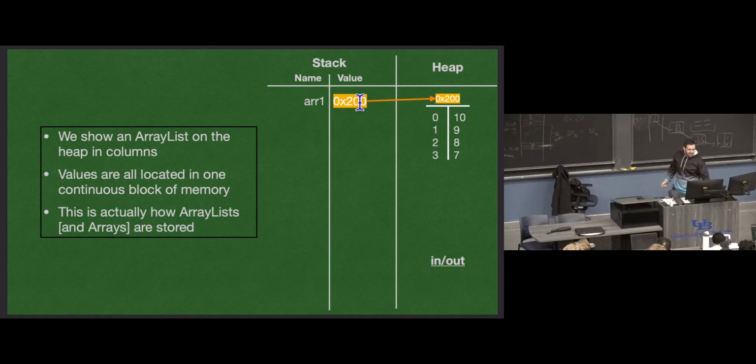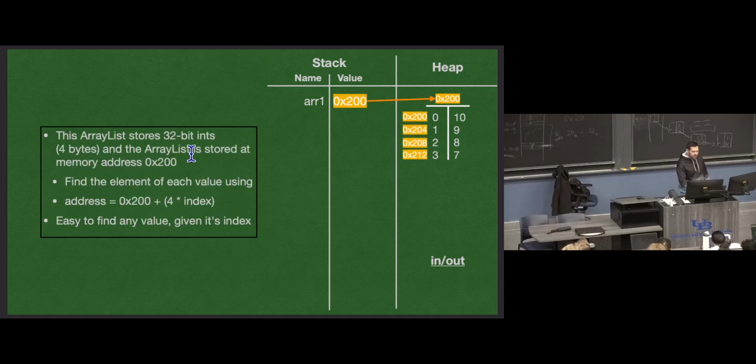The memory address is an actual index of memory. Our RAM is one giant array, effectively. It's an array of bytes, and a memory address is effectively an index on that array.